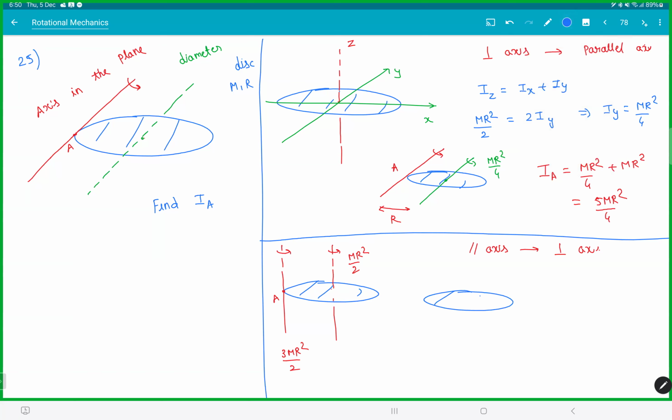Now I will use Iz is Ix plus Iy. So this is 3 Mr square by 2, 2 times Iy. Iy is 3 Mr square by 4. What's the problem?